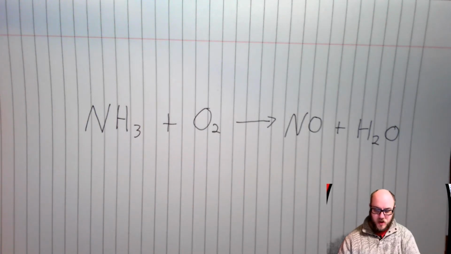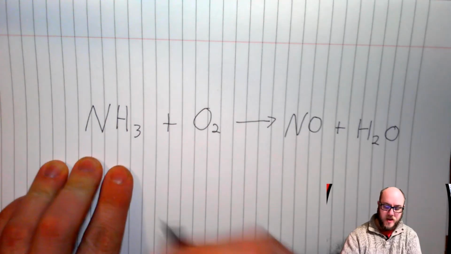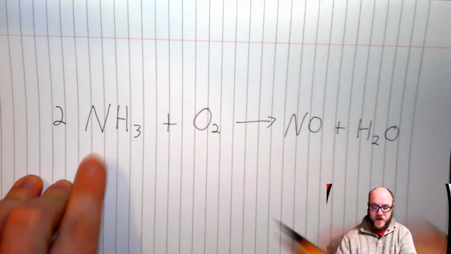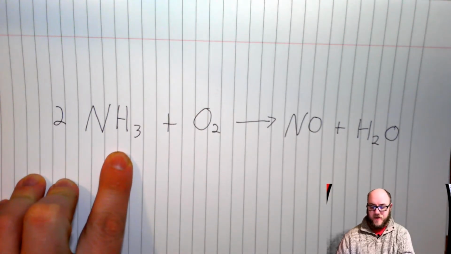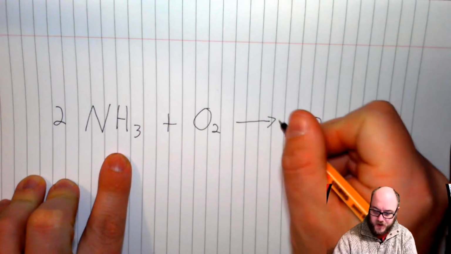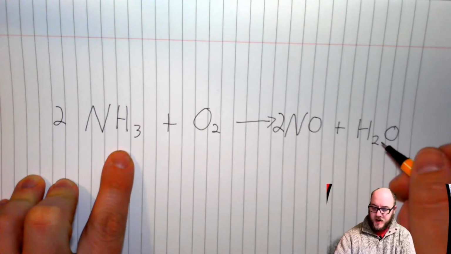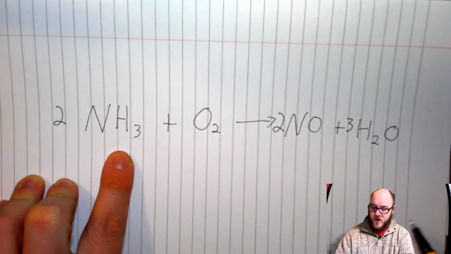Well, the first thing we could do is multiply this by 2. I multiply this by 2, I've now got 6 hydrogens. Hooray, that's an even number. But whatever I do to this, I've now done to this with 2 nitrogens, making 6 hydrogens, so there's 3 of those.